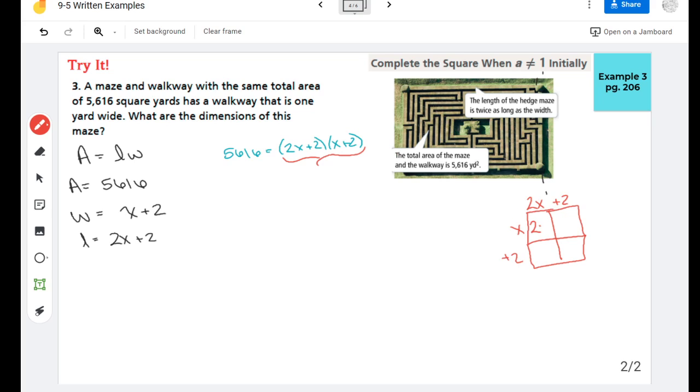So x times 2x is 2x squared. X times 2 is 2x. 2 times 2x is 4x, and 2 times 2 is 4. And we're going to combine those middle ones, right? So I get 2x squared plus 6x plus 4.